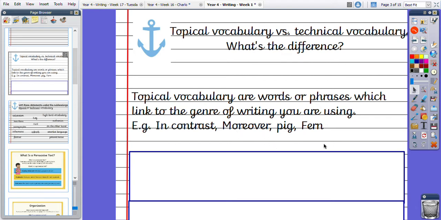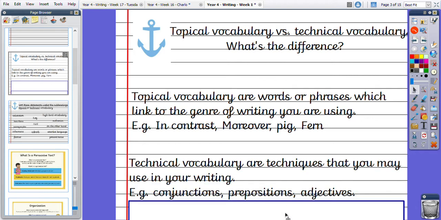The word pig or the word fern because they are linked to Charlotte's Web, the book we are studying. Technical vocab are the techniques that we might use in our writing. So these might be conjunctions, prepositions, adjectives, or anything else that you can think of that we might use as a technique in persuasive writing.